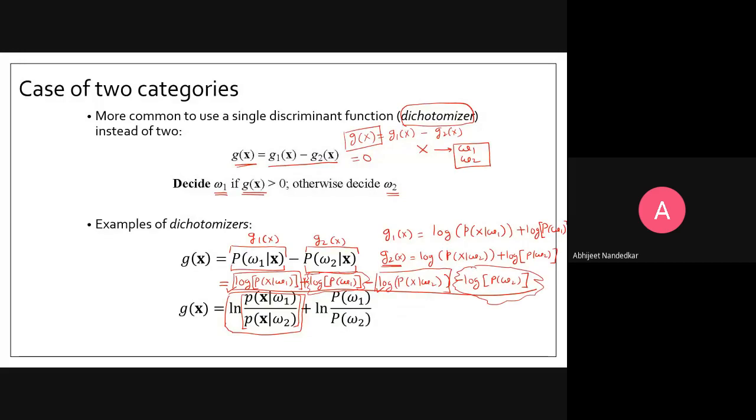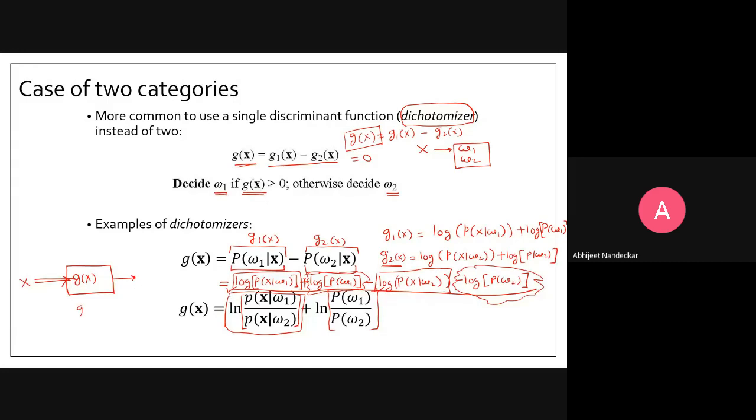Okay, then I can write in this form. So that will be now my g(x). I can use this as my discriminant function. So x is given to this box, so g(x) is calculated here.